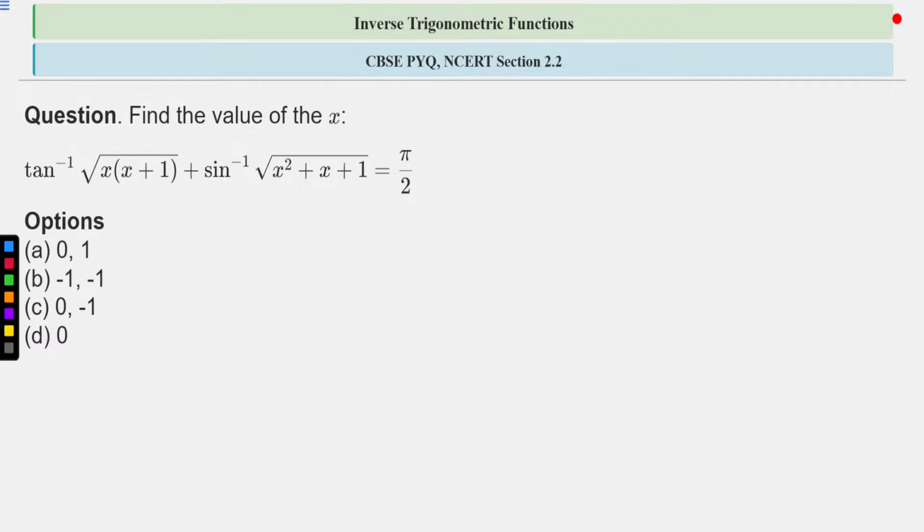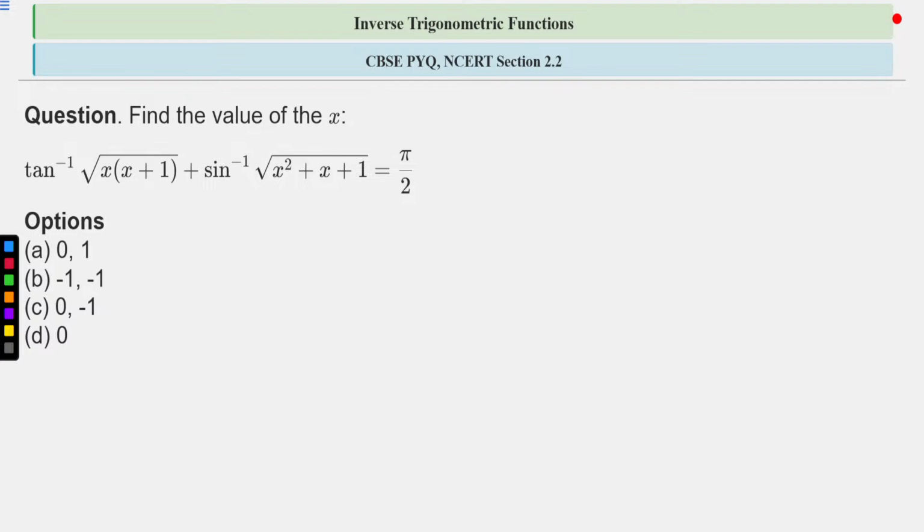What will be the hint? First, anything which is under the square root will always be positive, right? And anything which is under the sine inverse or cos inverse will always lie between, will always be less than 1. Clear?